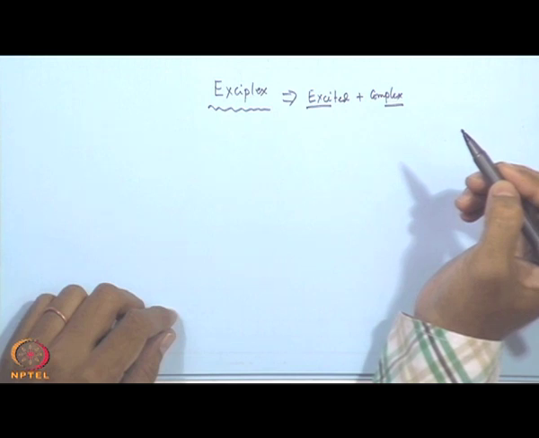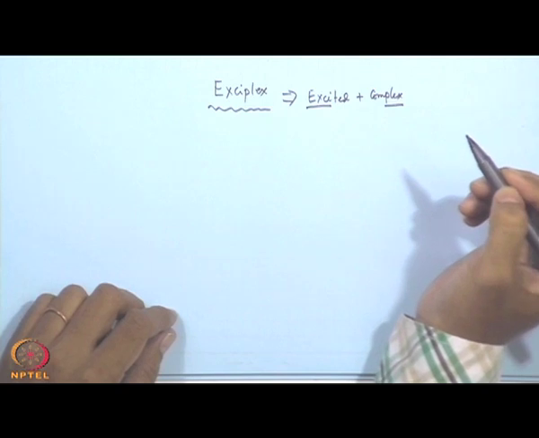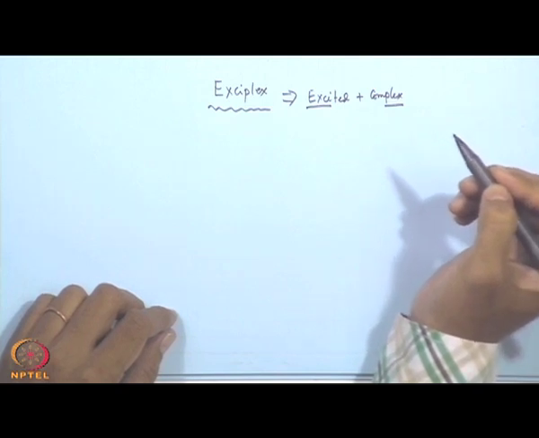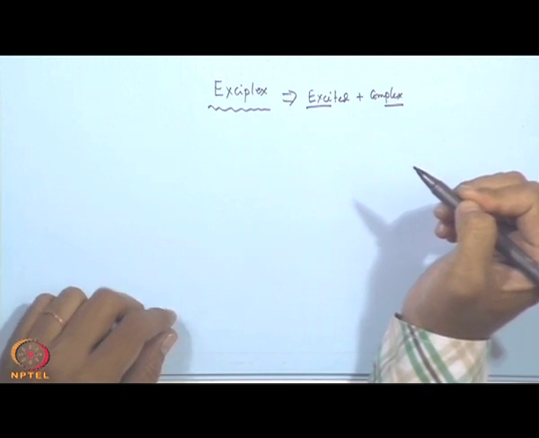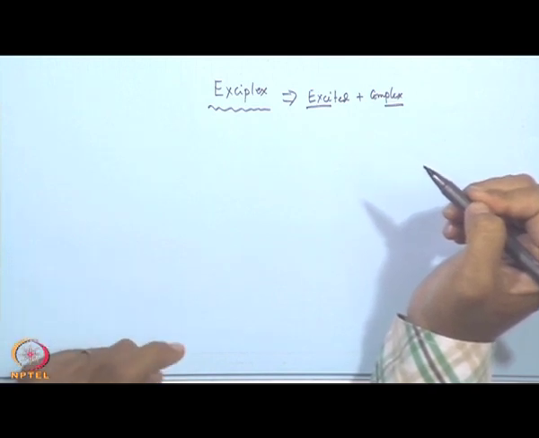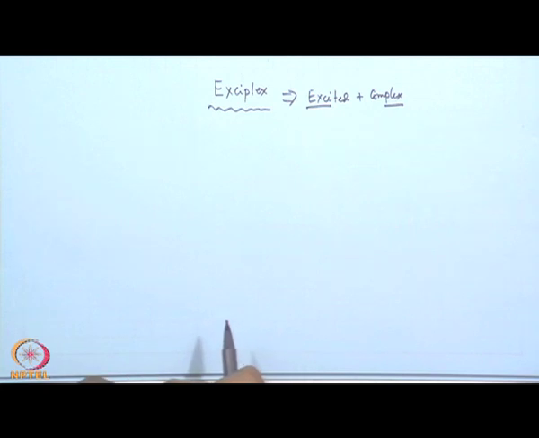So, the point is you have heard about complexation reactions, and those are generally in the electronic ground state.